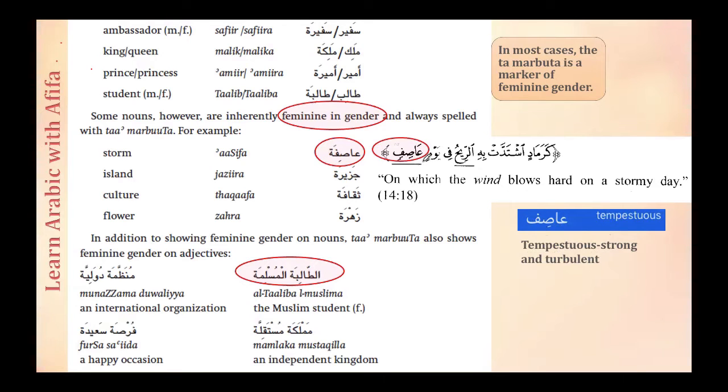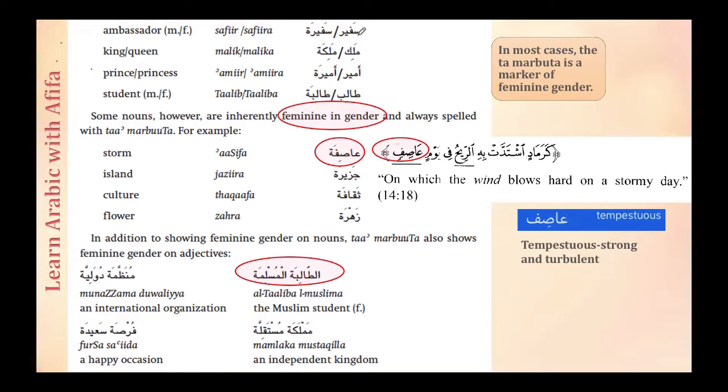So, yawmin asifin, a tempestuous day. These are easy to identify because they will always have a ta marbuta at the end.